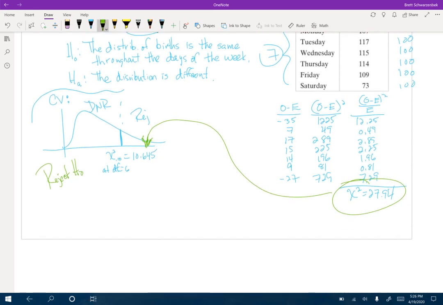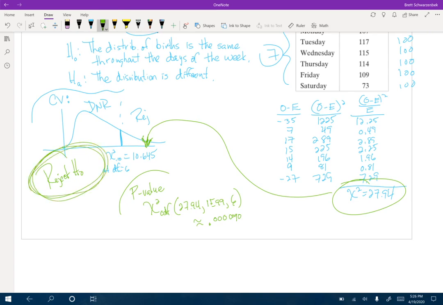If we did p-value instead for this, we're going to do chi-square CDF. We're going to take our 27.94 and find how much area there is in the tail to the right under 6 degrees of freedom, and that's going to give us approximately 0. I think it's 5 or 4 zeros. Either way, it's approximately 0, so we are clearly going to reject H naught in this scenario.